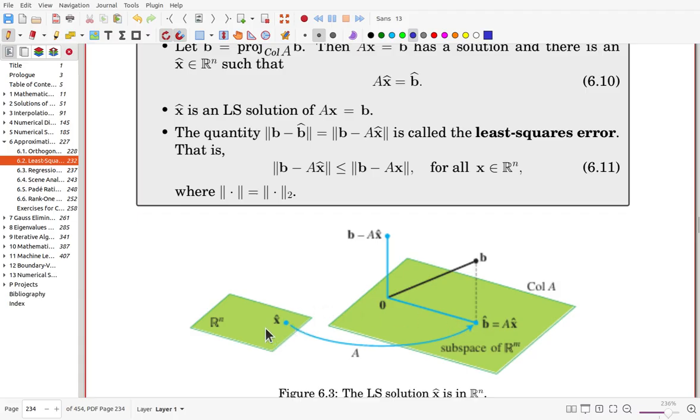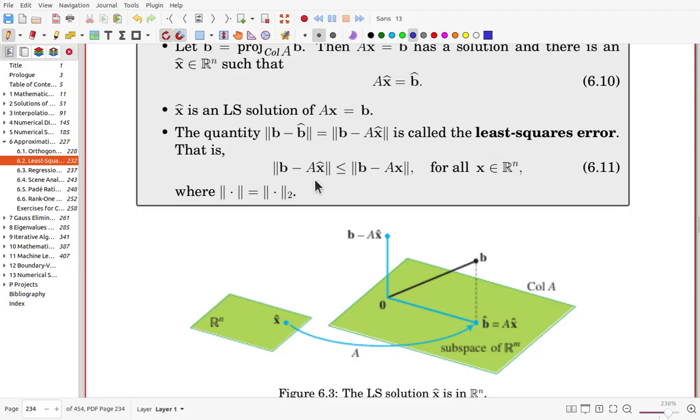So that is the least squares solution. The quantity here from here to there, that is b minus b hat, which is the same as b minus Ax hat, is called the least squares error.